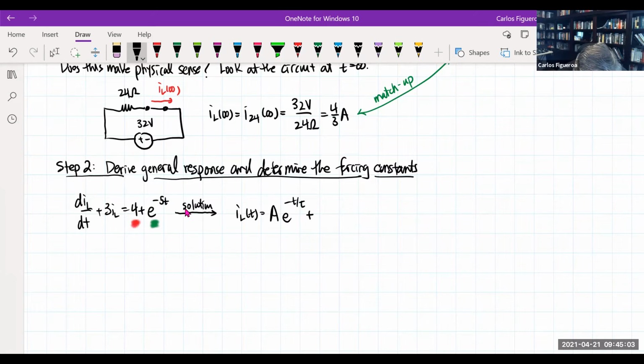Therefore, I should have a term that reads B1, which will be a constant, and then B2 e to the minus 5t. So this has the same functional form as the effective source.